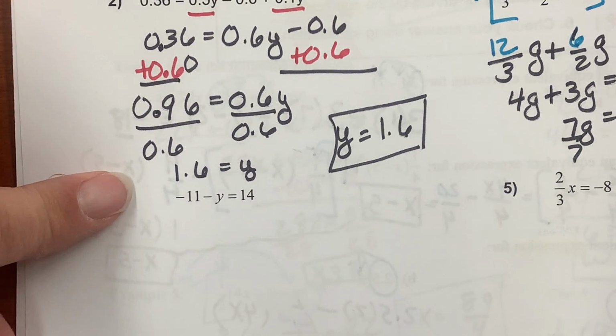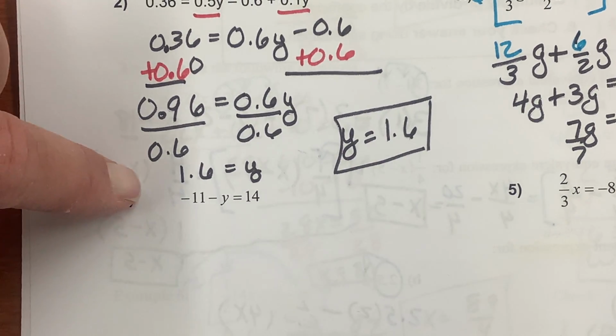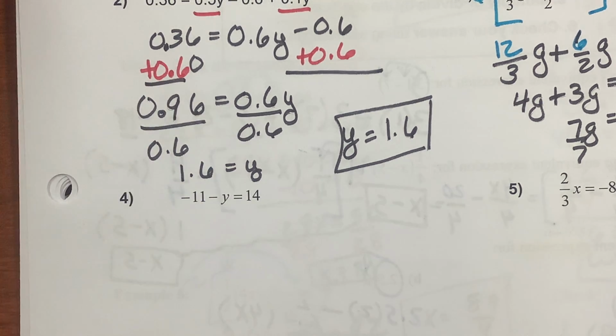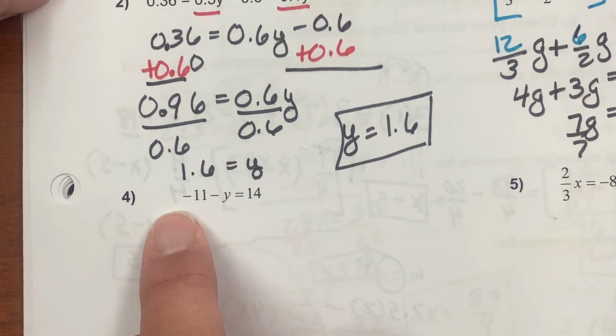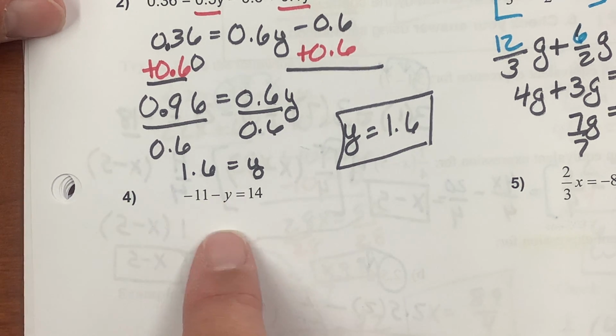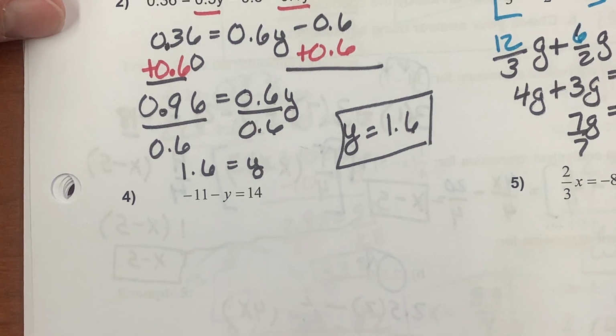Here we go. Negative 11 minus y equals 14. Oh, but there's no like terms there. I just have to solve it. All right. I am going to change this subtraction to add a negative 1. Because when the y comes after subtraction, people make mistakes all the time.